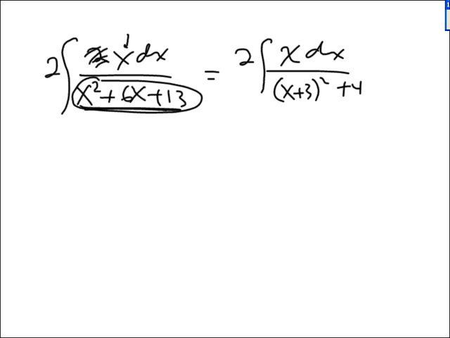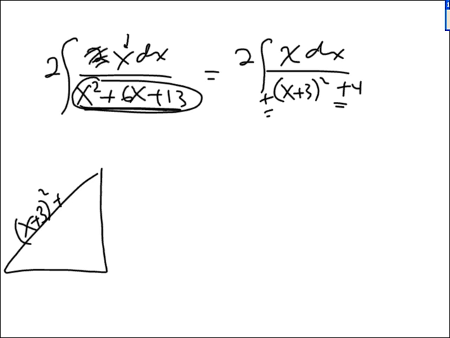Since both things are understood to be plus, all of it goes on the hypotenuse. The square root of x plus 3 squared plus 4. The x plus 3 goes here, and the 4 is understood to be 2 squared. The 2 goes there. Call that angle u.